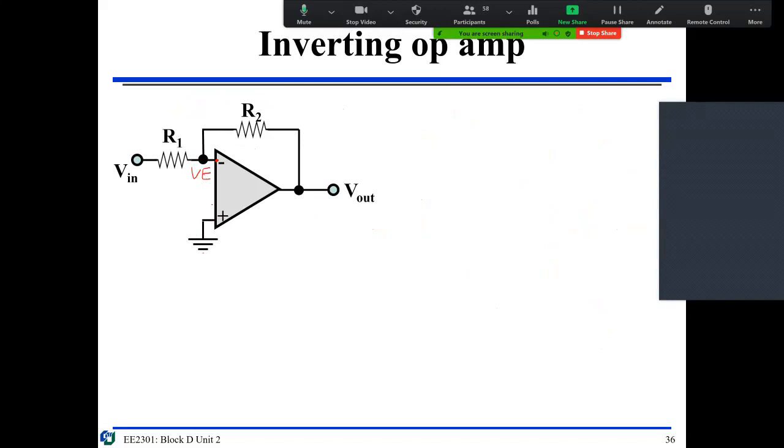Because according to what we have learned, this is infinite gain. So this should be the same as this one. So this can be regarded as a ground. It's almost ground.